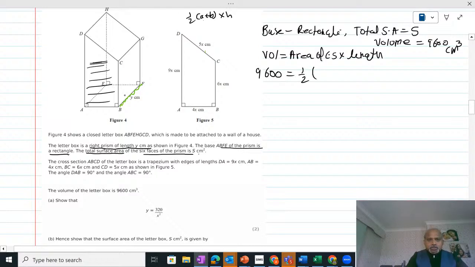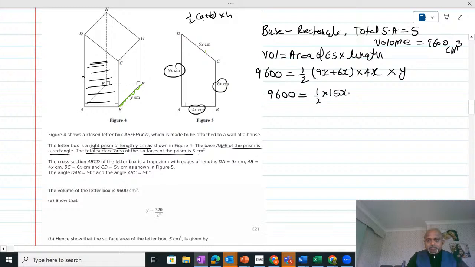The parallel sides are given as 9x and 6x, so it should be 9x plus 6x, and the width is 4x, and times length y. So 9600 equals half times 15x times 4x times y. That is 60x squared y divided by 2, equal to 9600.